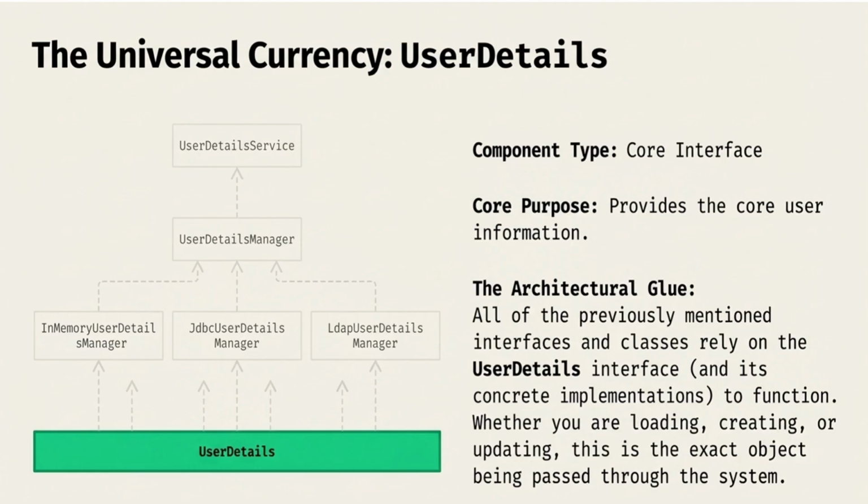The UserDetails interface, the name itself is explanatory. It is going to hold the details of the end user, and this is an interface. You can see methods like createUser, updateUser accepting the object of UserDetails, and similarly the return type of loadUserByUsername, which is present in UserDetailsService, is going to be UserDetails itself.